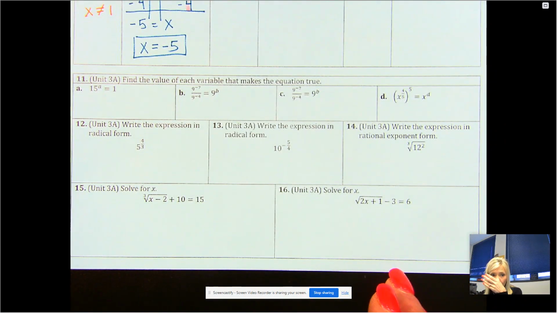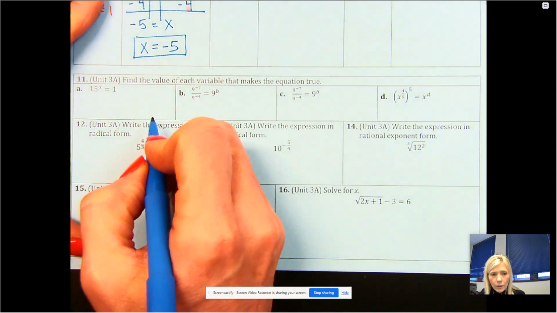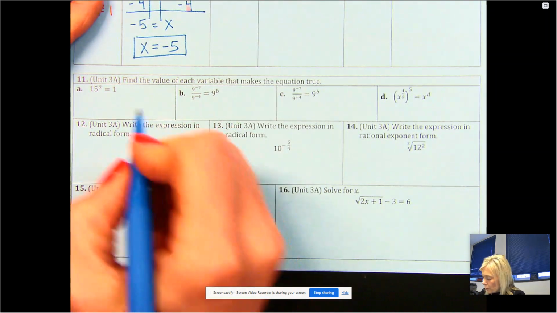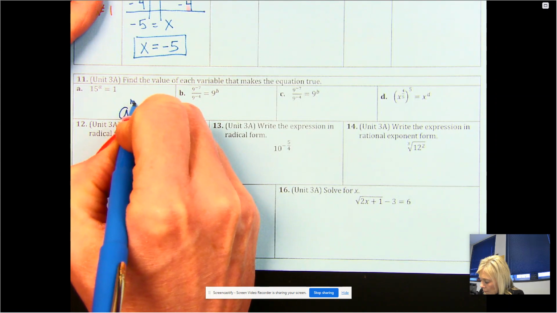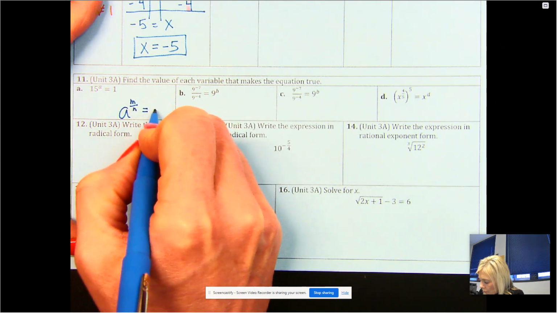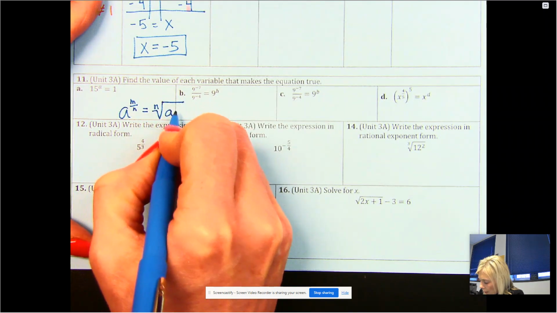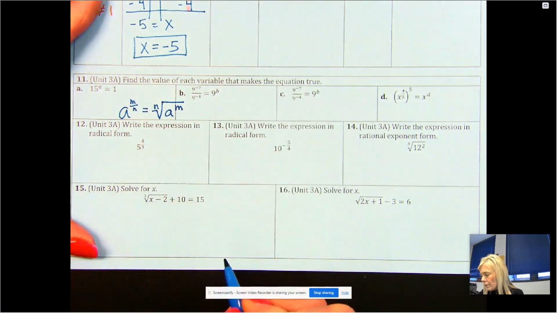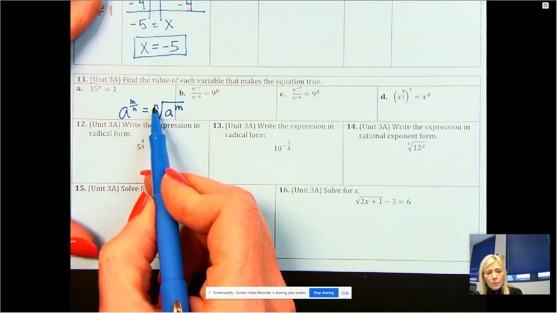So write the expression in radical form. And so remember, we had this rule in the table of exponent rules. It looks like this: a to the m divided by n is equal to the nth root of a to the m. Okay, so the denominator of the fraction tells us what type of root it is.